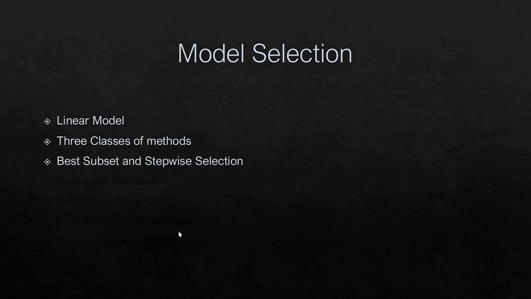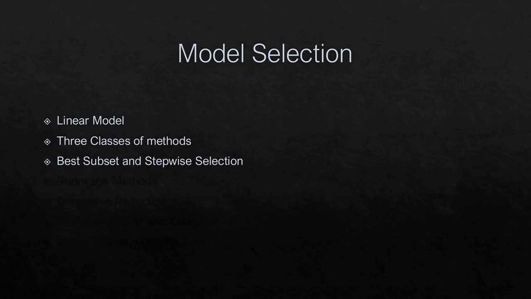Then we move on to another section, which is best subset and stepwise selection. In this one, the goal was to identify the best model for each subset size, defined by having the smallest residual sum of squares or largest R squared.